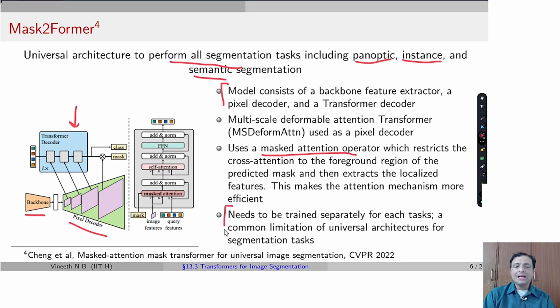We will not get into more details at this time. You're encouraged to go see the paper for more details. But one limitation of this approach was that it needs to be trained separately for each task, which is a common limitation of any method that says that it's a universal architecture for all kinds of segmentation tasks.